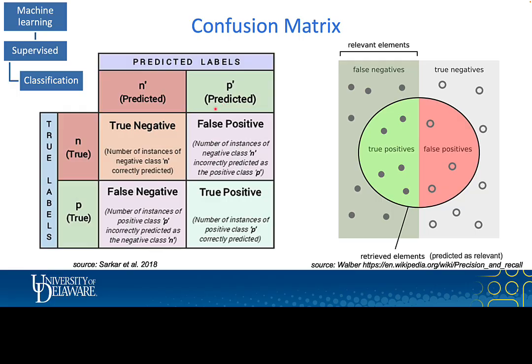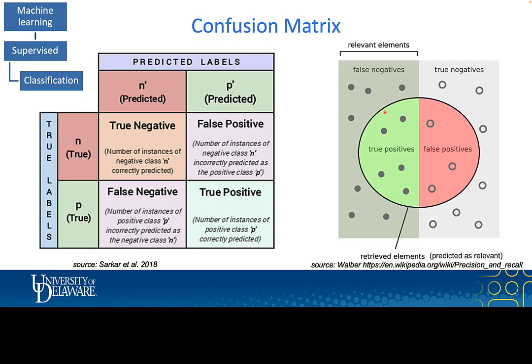So just to understand the vocabulary here, we have a graphical view on the right, where the rectangle on the left has the relevant elements. That means all our positives from the true labels. On the right square, the true negatives from our labeled samples.